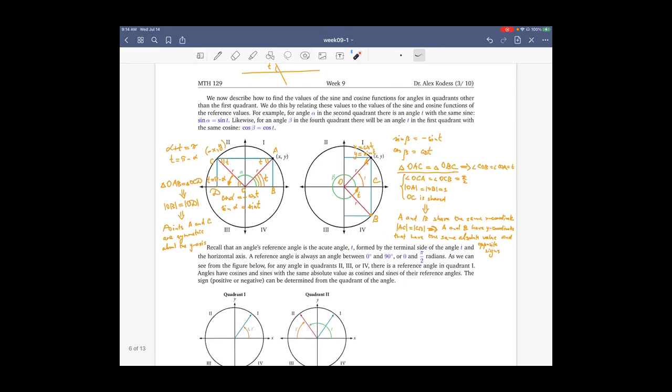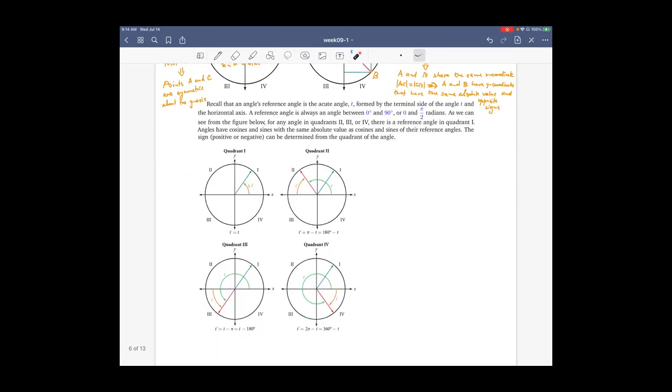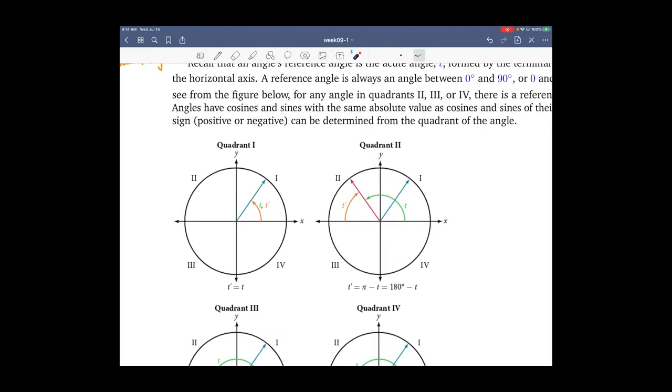Here is the full analysis for all possible quadrants. Well, if our angle is in quadrant 1, of course, it's its own reference angle, and there's nothing to do.